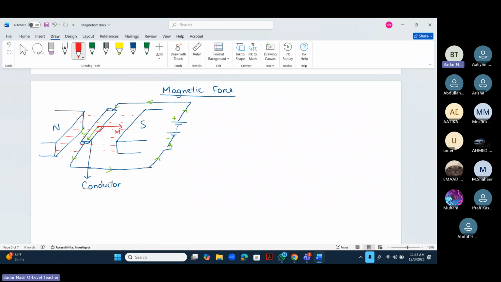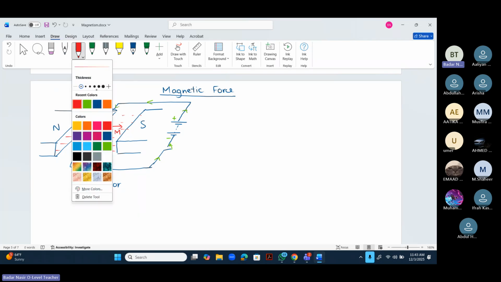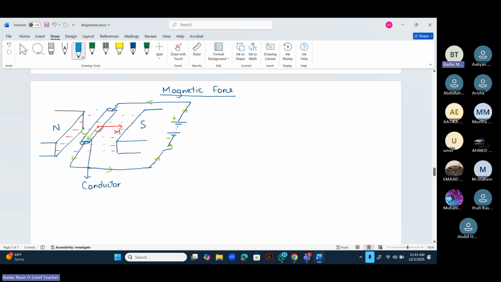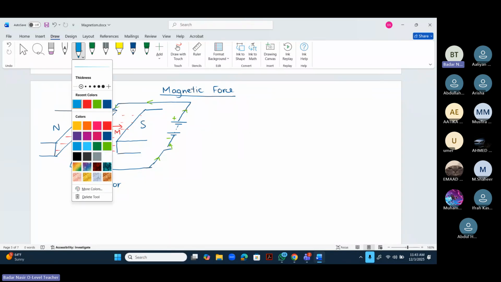Okay, and how can we determine the direction of the magnetic force using Fleming's left hand rule? Okay, so we use the Fleming's left hand rule to find out the direction of this magnetic force. So this is the direction of the magnetic force. So I'll write it down.